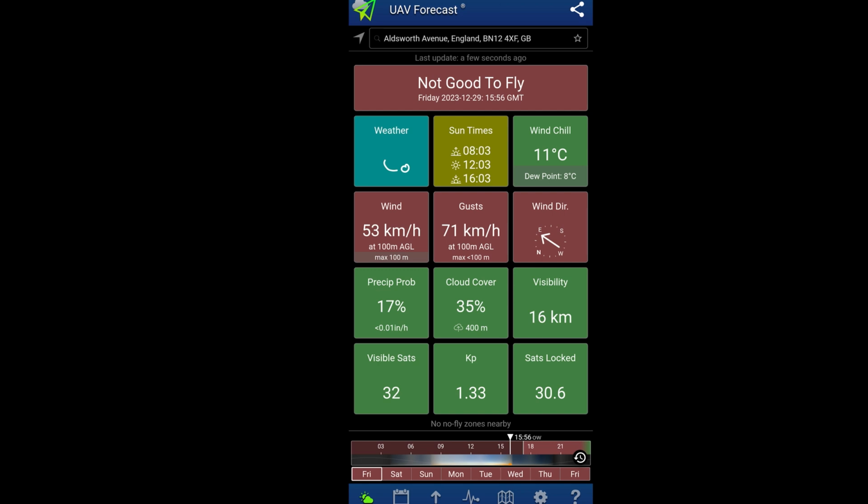So if the gusts of wind are greater than 60 to 70 kilometers an hour, it would start to drift off. Say 71 kilometers an hour is about 11 or 12 kilometers an hour more than the drone could maintain, so the drone would drift off at about 12 kilometers an hour, for example.